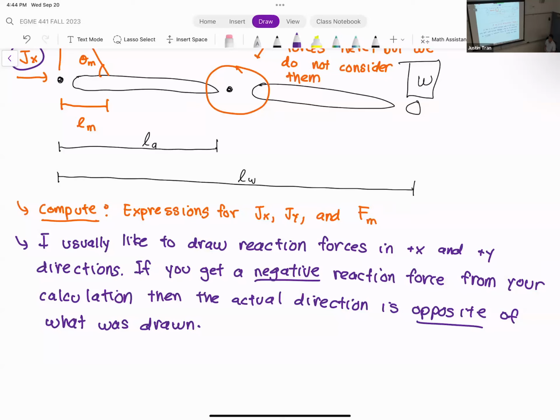Technically that's true of the muscle force too, but if you're getting a muscle force acting in the opposite direction, you should probably check your work, because remember, muscles can only act in tension.